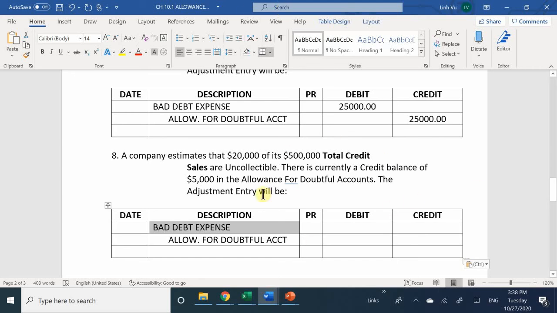Now here, which allowance method are we using? Are we using the balance sheet method or the income statement method? Income statement, and total credit sales. So what's the estimated amount? It's just 20,000. Good.